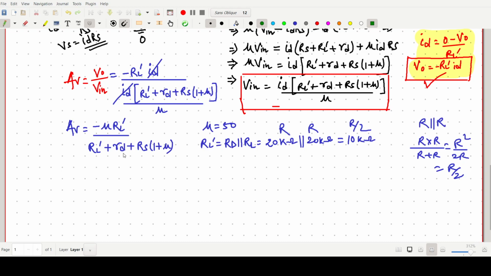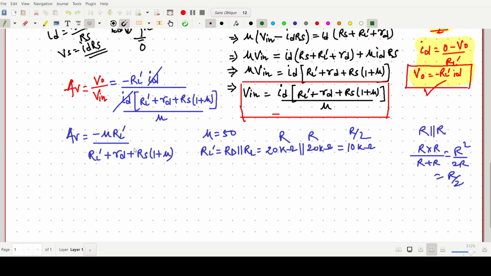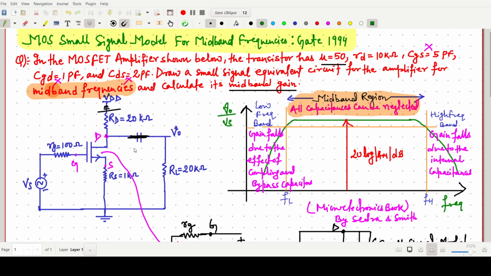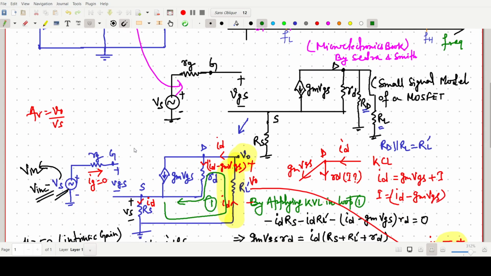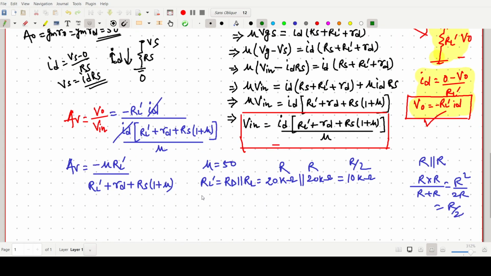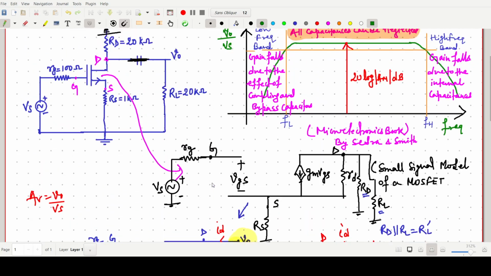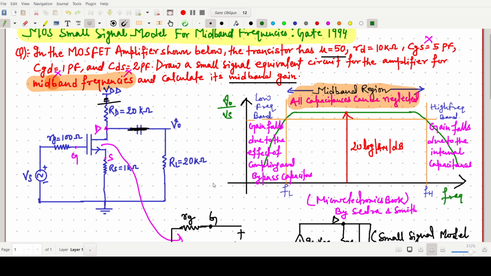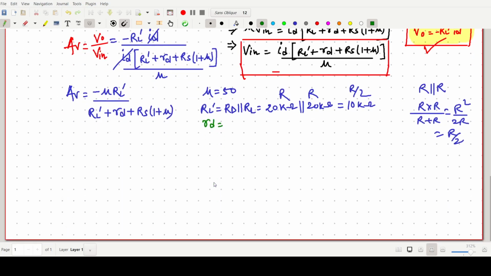Now RL dash is already given in the question. RD value is also given, 10 kilo ohm. Once again I have to check, RD value is 10 kilo ohm.